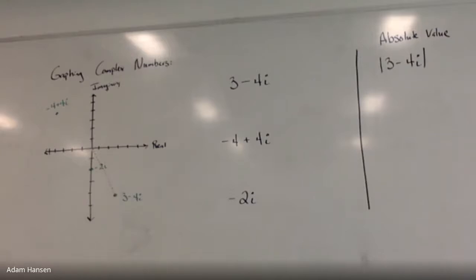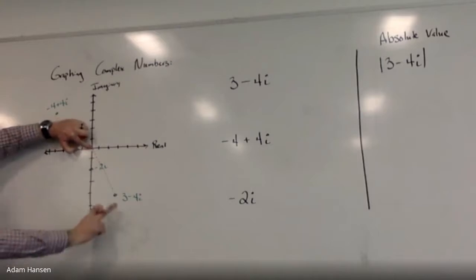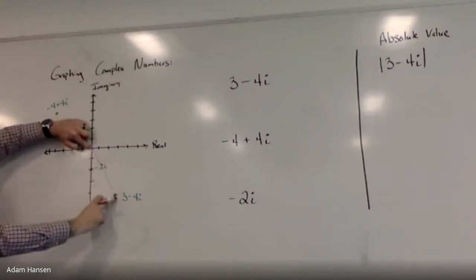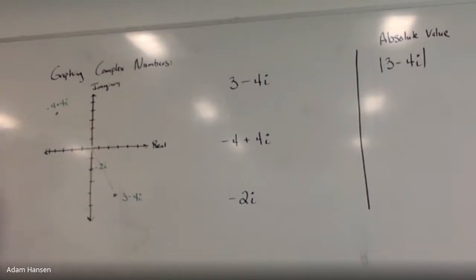That's the absolute value of the number 3 minus 4i. How far is it back to the origin from where I graphed it? How can I get that figured out? How can I figure out how far it is from 0 or the origin to the value 3 minus 4i?